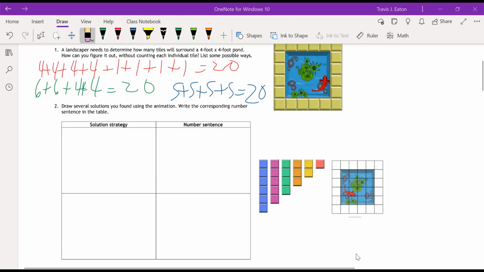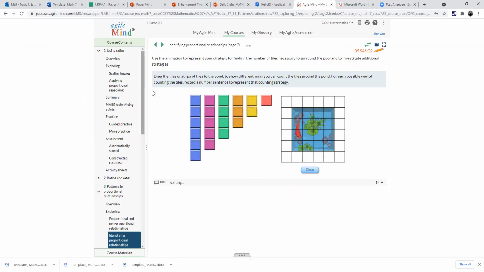Just a brief moment. All right, so we'll move to the animation for this particular one. As you can see right here, it says drag the tiles or strips to the pond to show different ways you can count the tiles around the pond. For each possible way of counting the tiles, record a number sentence to represent that counting strategy.